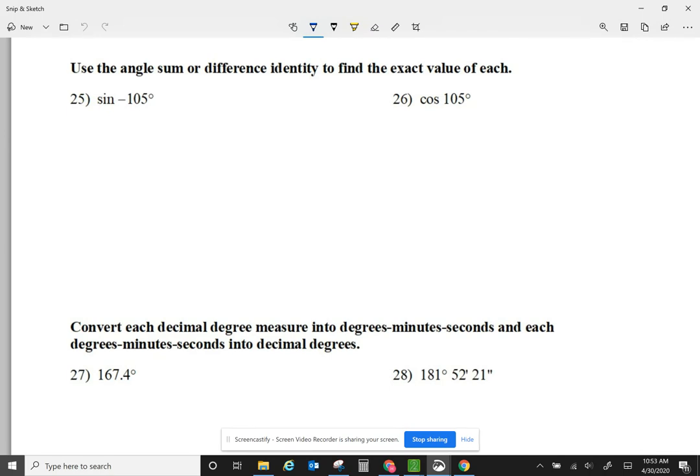Sine of negative 105. Now I'm thinking, two numbers that I add or subtract that is equal to negative 105. I'm just going to go with 30 minus 135.